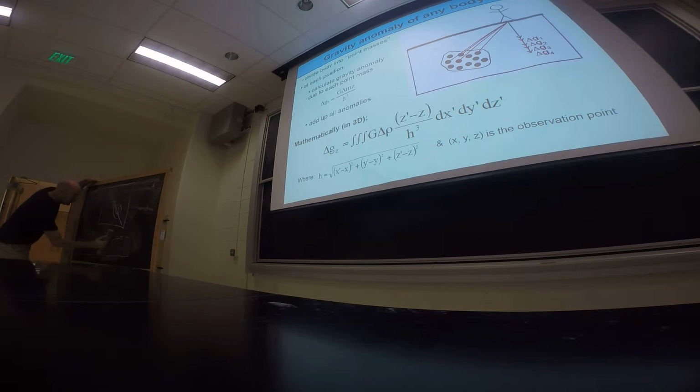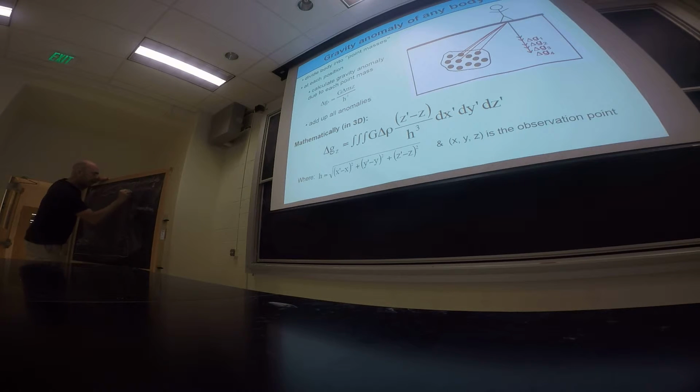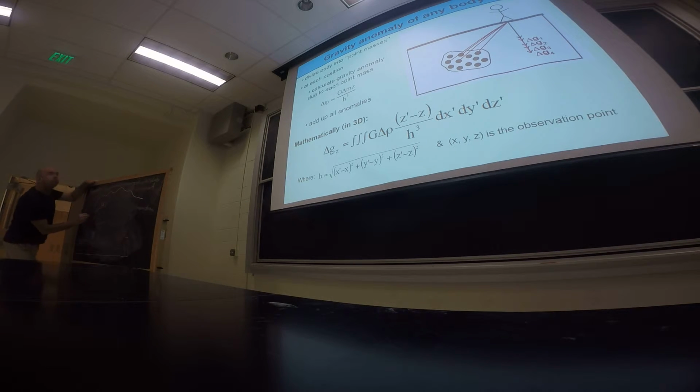So let's say that I had a surface like this, and I have a bunch of little squares in here. And these are, we'll call them delta rho of xi, yi, and zi. All right.